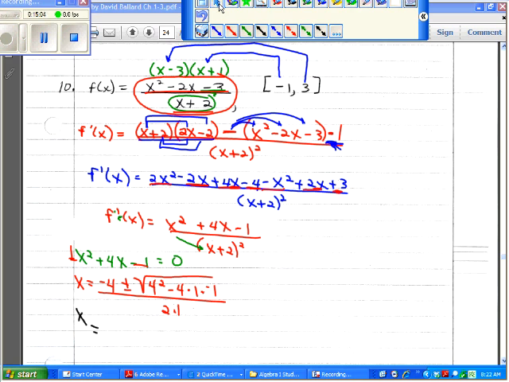And so we're going to have x is equal to negative 4 plus or minus the square root of 4 squared is 16, minus 4 times 1 times negative 1. You've got an even number of negatives, so the answer is a positive, or plus 4, all over the 2 times 1 is 2.